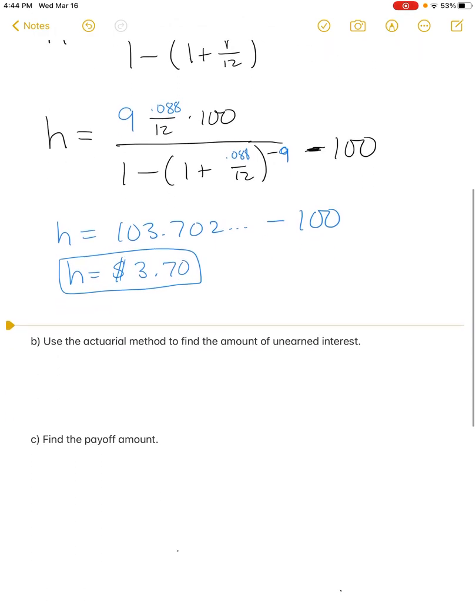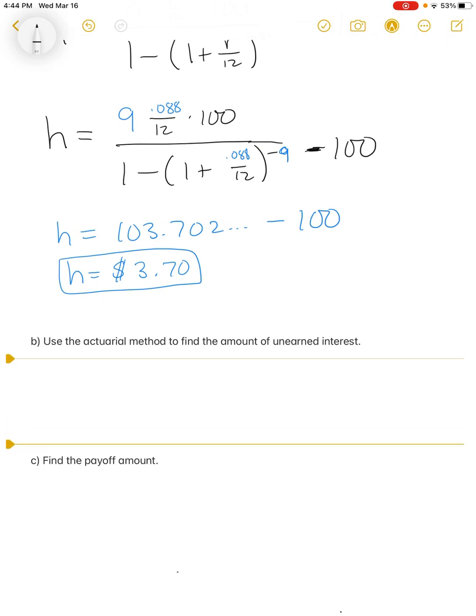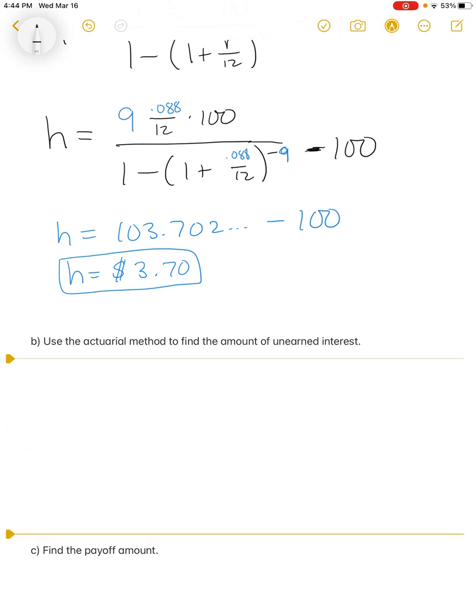So a big lengthy calculation, but if you allow yourself to practice with it a little bit, it can go pretty quickly. The next thing that we need to do is use the actuarial method to find the amount of unearned interest. If you remember that formula, unearned interest has a U as its notation.